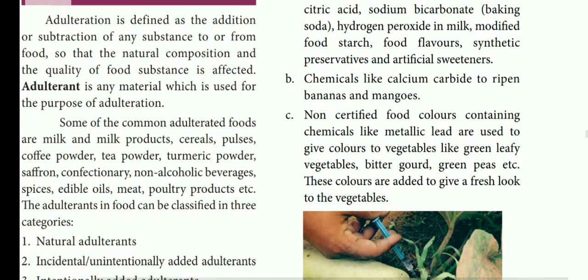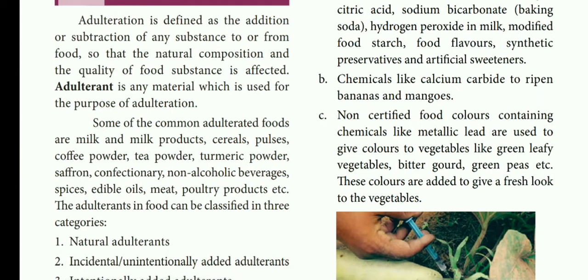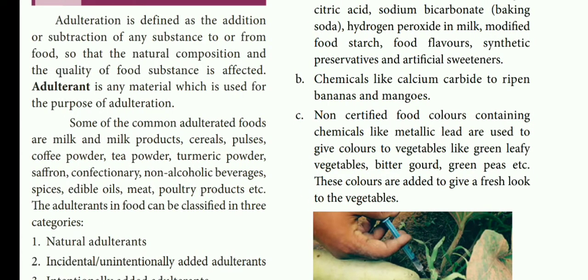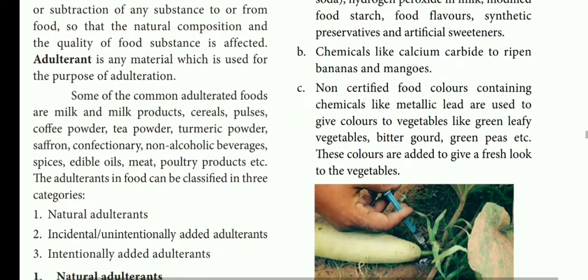Then chemicals like calcium carbide to ripen bananas and mangoes. Bananas and mangoes are regularly consumed fruits. To get them to ripen faster, they use the chemical called calcium carbide to ripen them even faster for better sale. If you consume them without washing, it will be very harmful to humans.